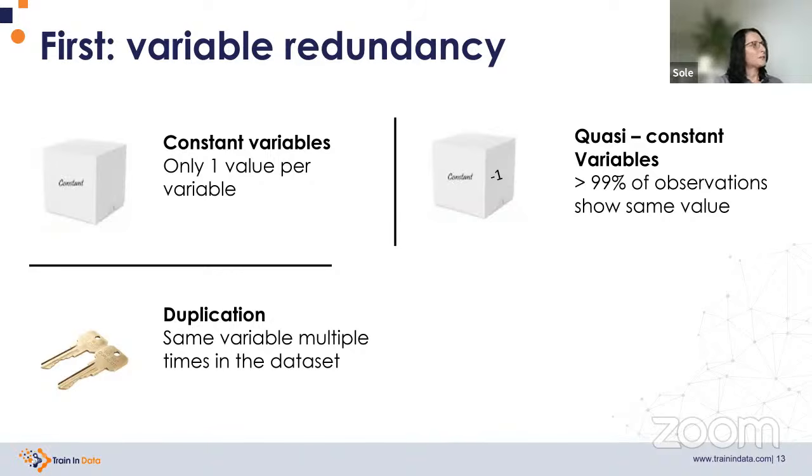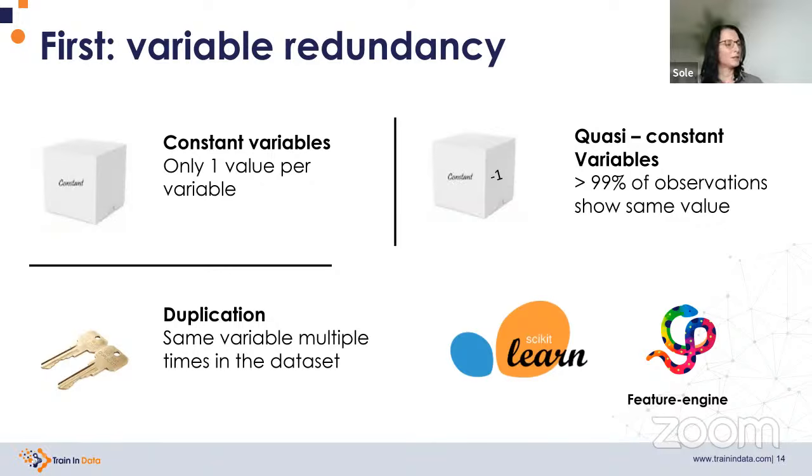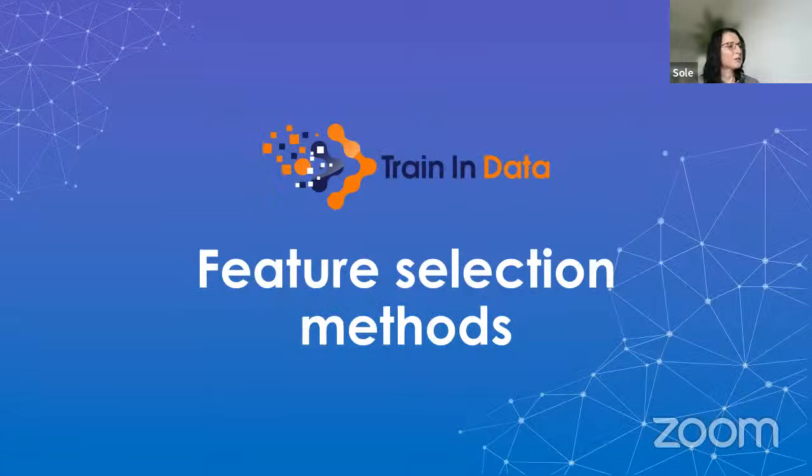Now, after this, what can we do? Before this, I wanted to say that these methods can be implemented with scikit-learn and Feature-engine. But after removing constant features and duplicated features, what can we do?